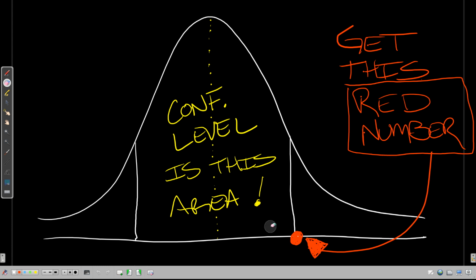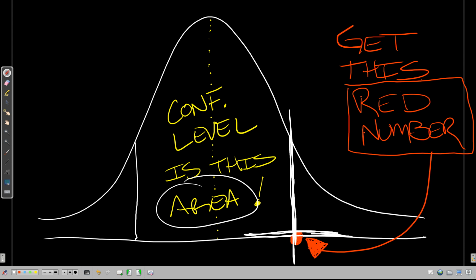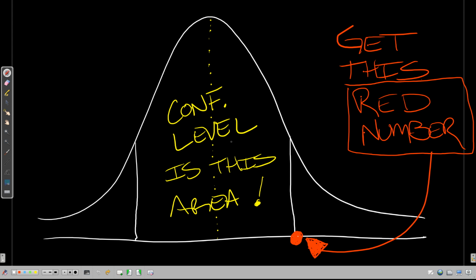So that red number is precisely whatever number that dot has landed on, right? That dot is at the intersection of this edge of this area and the horizontal axis.